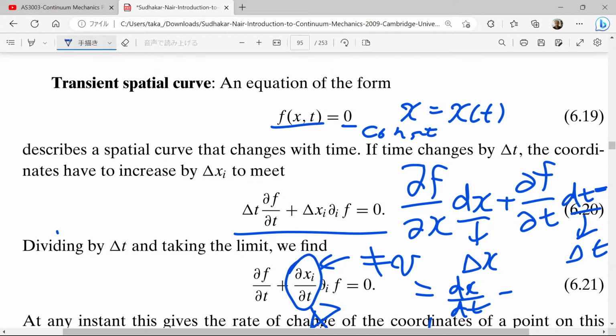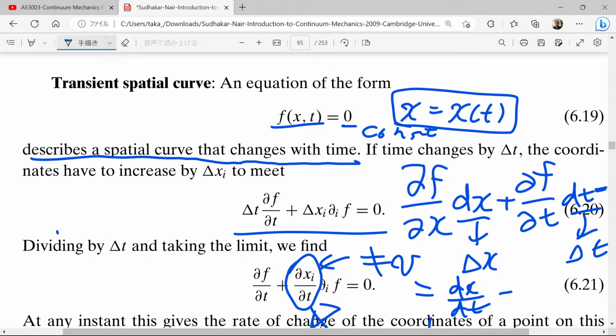This is more like a spatial point that changes with time, or the position of a particle that changes with time. But this thing describes a spatial curve that changes with time.